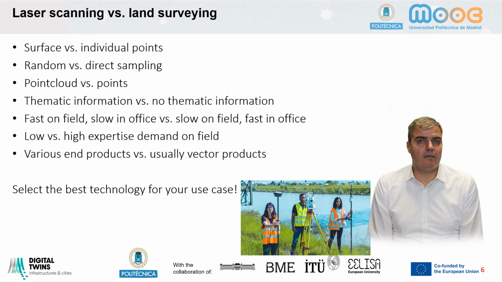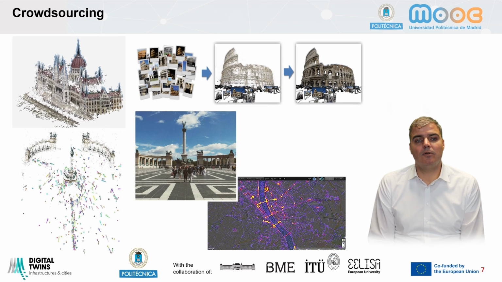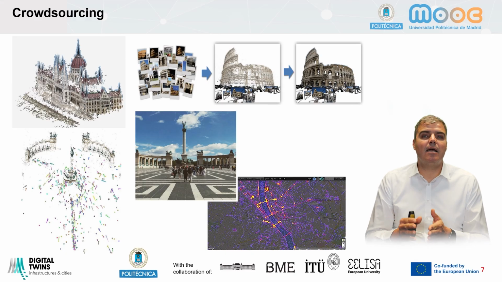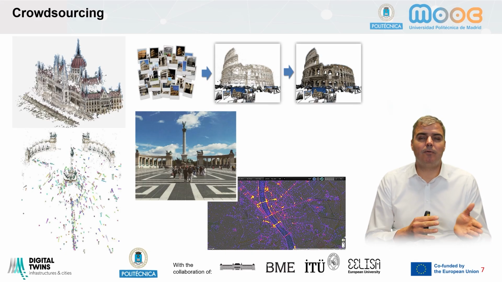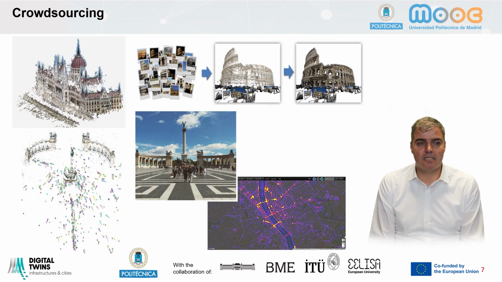And one exciting example, I don't know whether you heard about the Rome in 1 Day project. There are certain historical sites where tourists are taking so many photos that you can reconstruct the geometry of them. That's what we did in Hungary also in case of the Parliament and Heroes' Square, tourist highlight sites and spots.